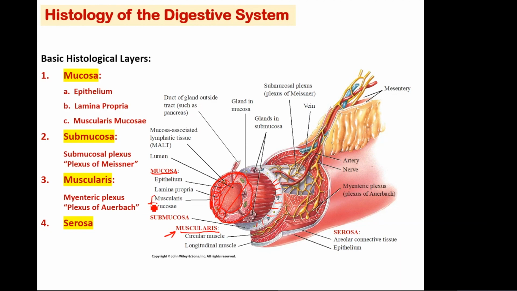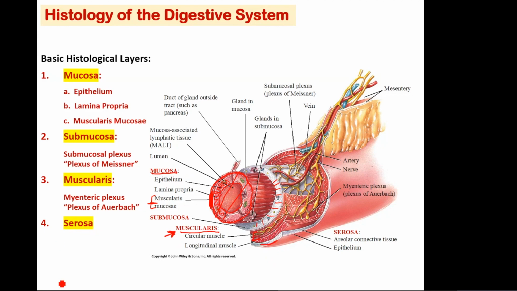Muscularis mucosa is a small, thin muscular layer of the mucosa, but muscularis externa is a muscular layer that covers the submucosa from outside. These two layers, and from outside they have the serosa.